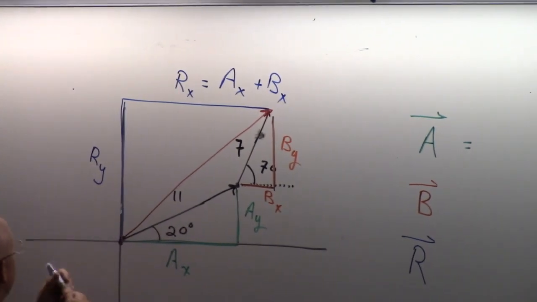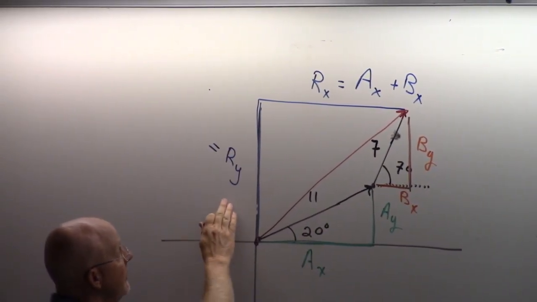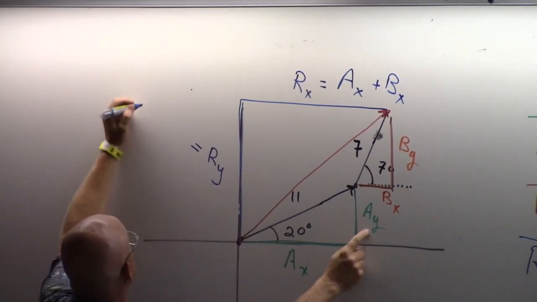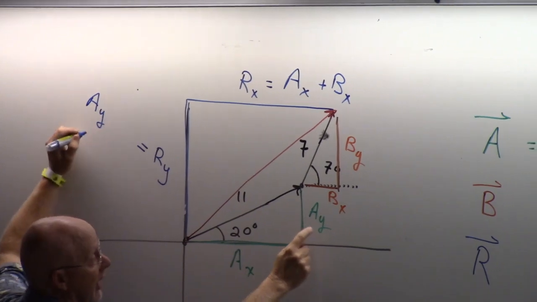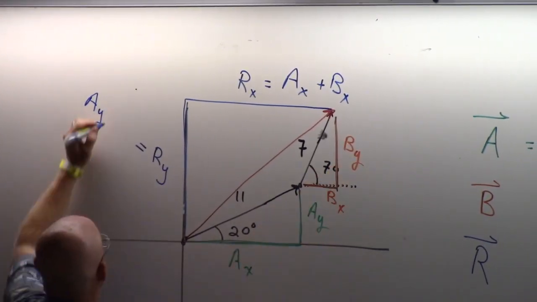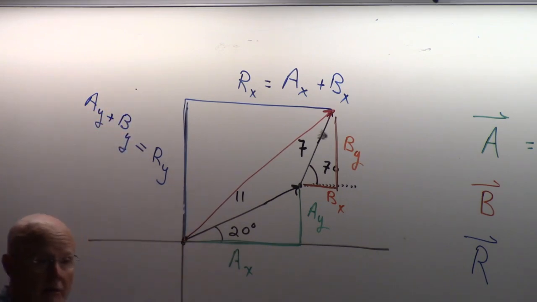And then what, of course, would happen over here, what would be the result of the y? Well, we would have how much did it go up during the first hike? And then how much did it go up during the second hike?